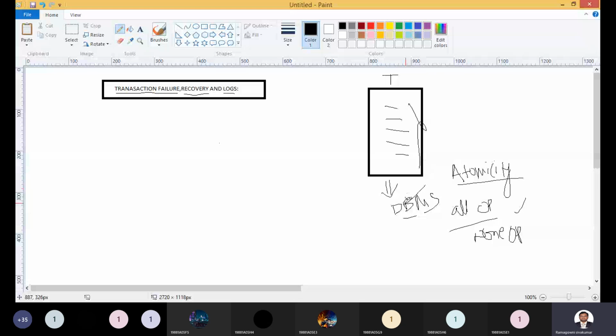Now see, if you are following the atomicity rule, you should not allow half of the operations to execute and half to be bypassed. If in the middle one of the operations is not executed, we get a transaction failure. Half of the operations are executed.